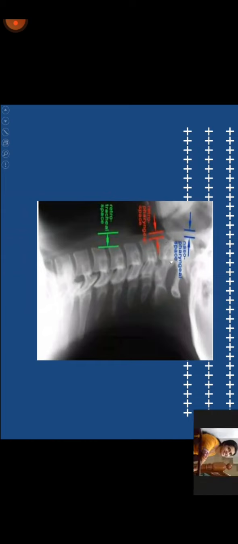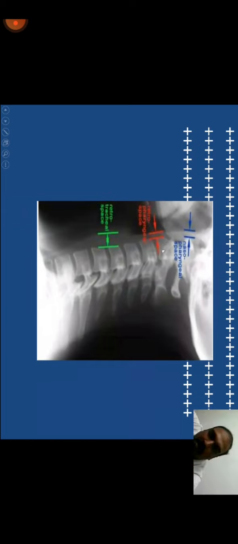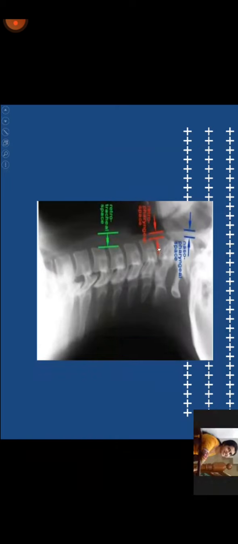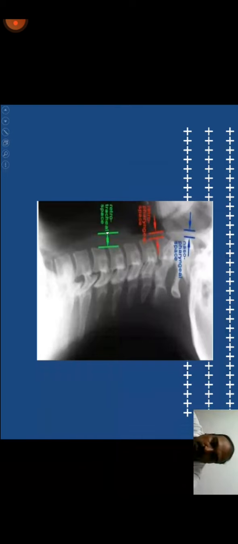The corresponding vertebra is this one, so it should not be greater than 1/3 of the size of the vertebra. And this, the retrotracheal space, should not be more than the size of the corresponding vertebra. Below C4, that is C5, C6, it should be the same size as the vertebra, and this one should be 1/3, roughly.